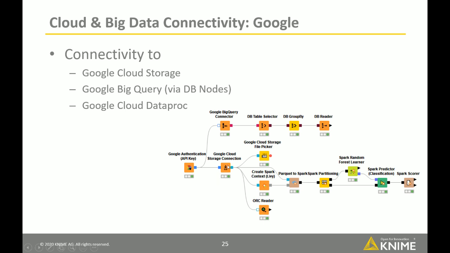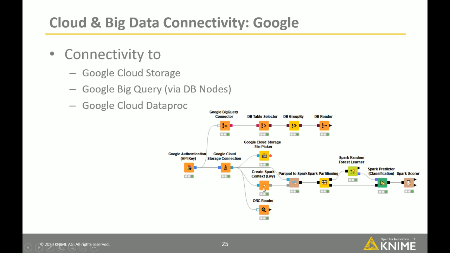Similarly, we could use a Google Cloud Storage connection. Maybe I'd like to pick an individual file that's sitting out there and grab it. I could use the Google Cloud Storage file picker to get the URL of that file and send that downstream for additional processing. Or if I want to play around with Google Cloud Dataproc, then I could also do that.